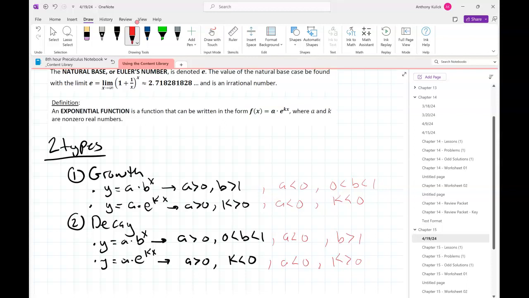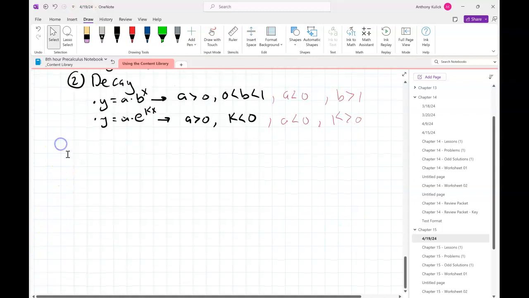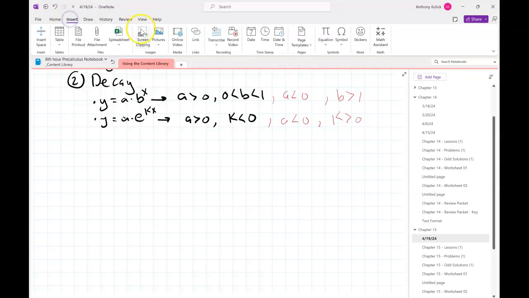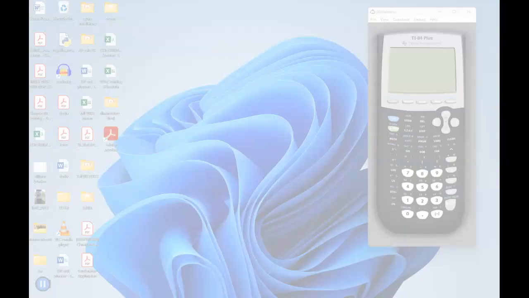Everybody okay with that? So it's basically all I need to do is look at the equation. I can tell immediately just by looking at the values for a and b or a and k respectively whether this is growth or decay. Let's look at a couple of applications and then we'll move on to talk about logistics.